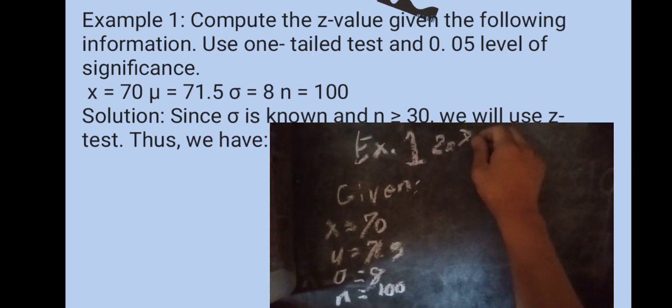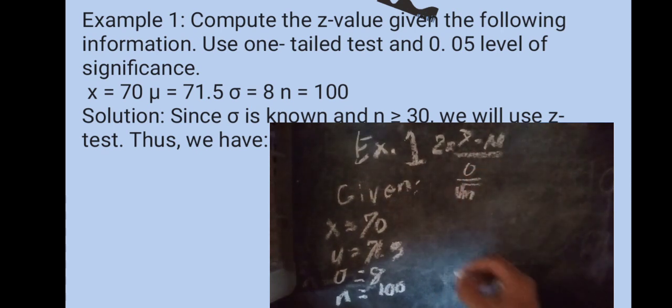Using the formula of z-test, z is x bar minus population mean over standard deviation over square root of n.